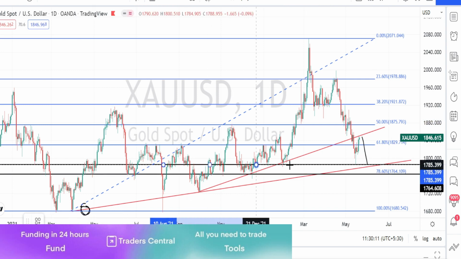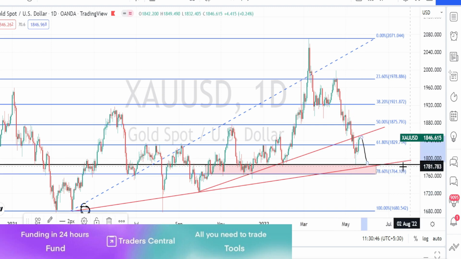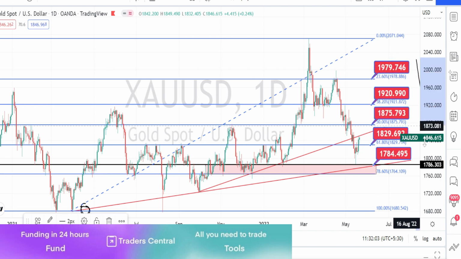So even if the price action bounces back on the bearish side, we can expect it to take support on the previous support level of 1780, which is around the 78.60% in Fibonacci's retracement tool. So these are all going to be the resistance and support levels for daily time frame.